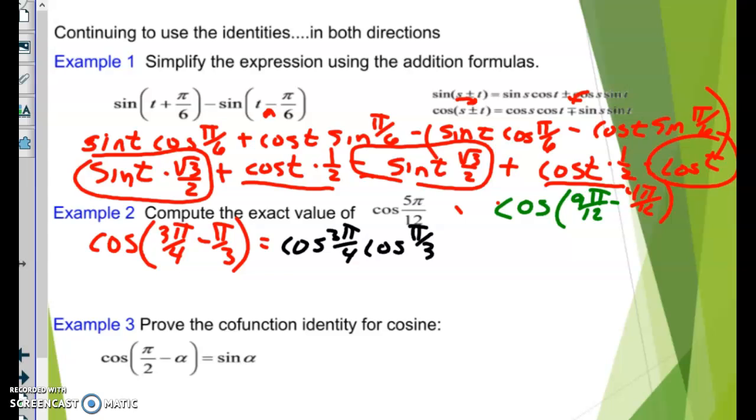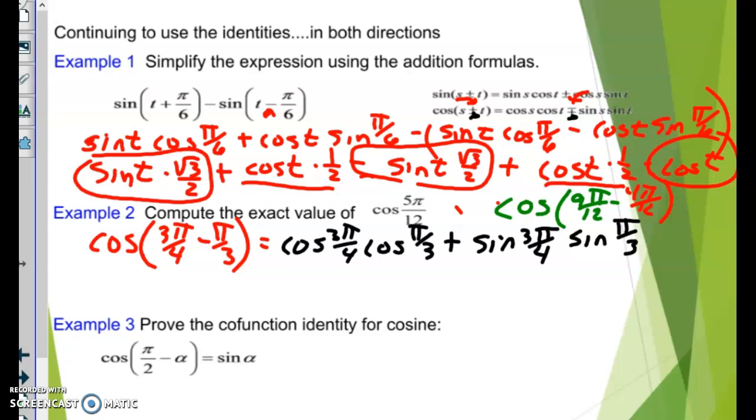Notice that the minus sign in front of that pi over 3 doesn't become the negative on that. It's just part of the formula. And then we have a plus, because in the cosine, the bottom sign is a minus, then over here it becomes a plus. So then I have sine 3 pi over 4, sine pi over 3.